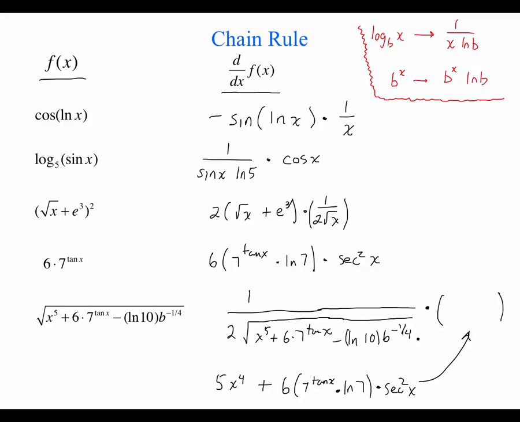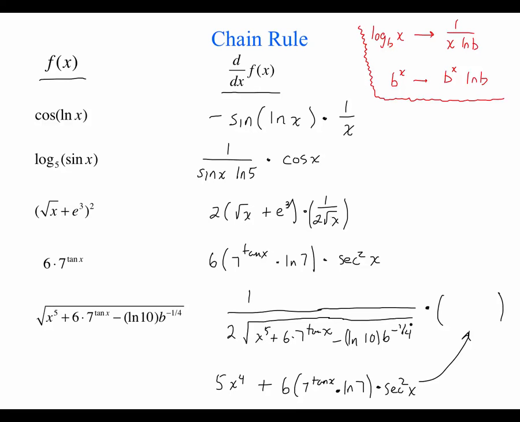ln of 10 times b to the negative 1/4. ln of 10 is a number. B is like a parameter or a constant relative to x, our changing input quantity here. So b is a constant. As x changes, it stays the same.